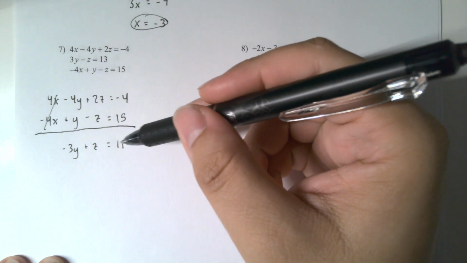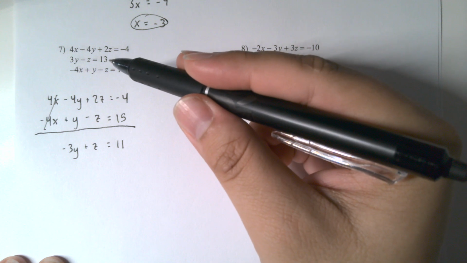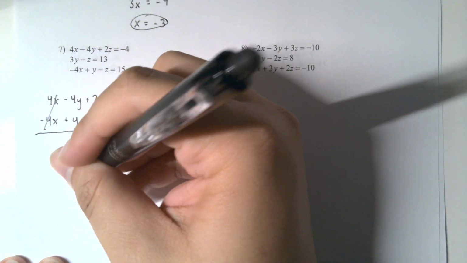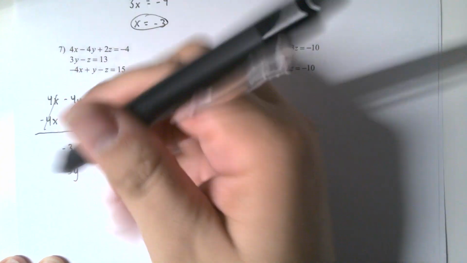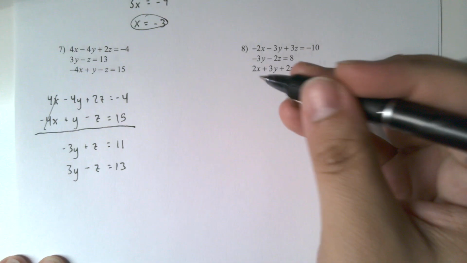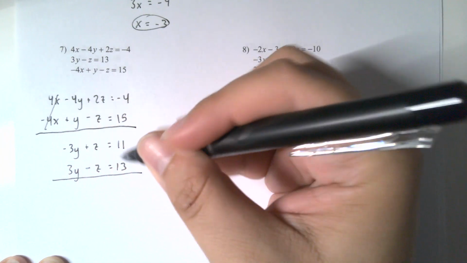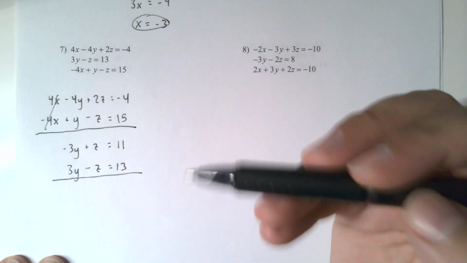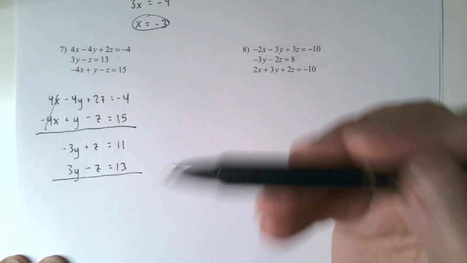So we're going to take this equation, and we're going to take this middle equation here, and let's see what happens. We have 3y minus z is equal to 13. And notice that if I add these two equations together, the y's will cancel, and so will the z's. So we know that we're going to get a special solution here.